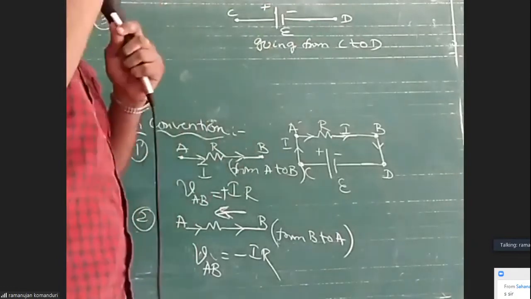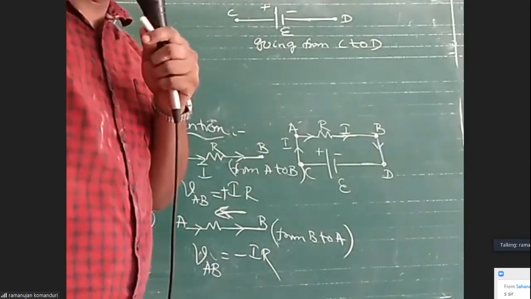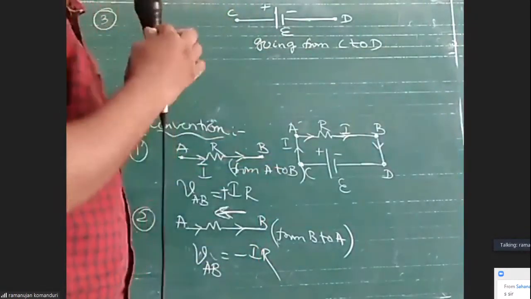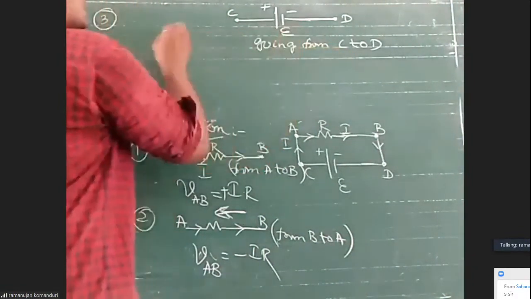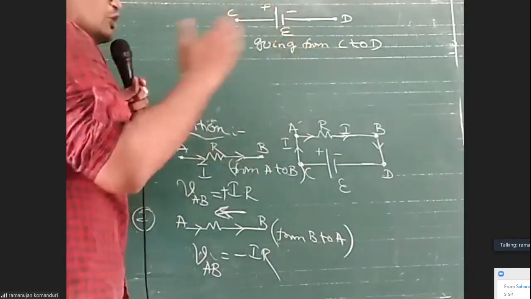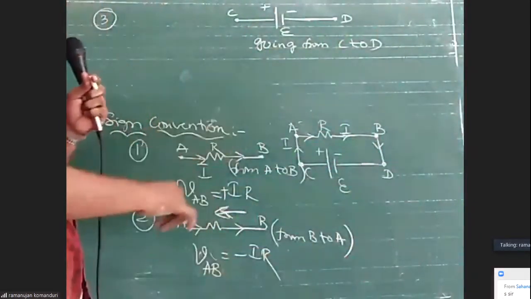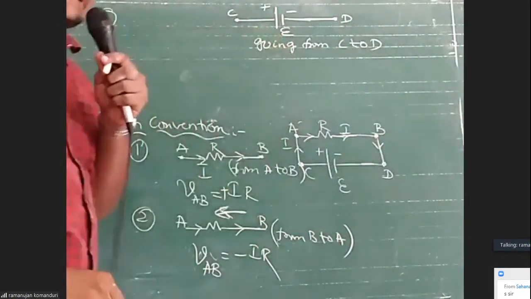As we know, the positive terminal is always supposed to be at higher potential, and the negative terminal at a lower potential. So that is why, in going from C to D, because there is a potential drop, we take the epsilon value as a negative value.